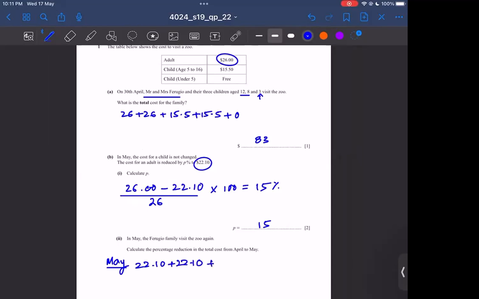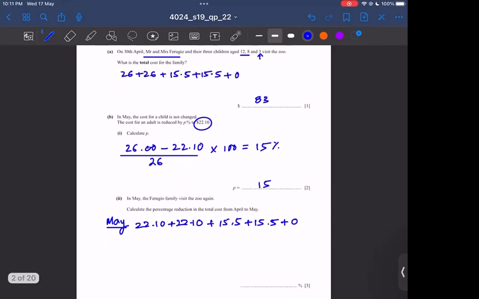Child age is not changed, 15.5. There are 2 children aged between 5 to 16, 15.5, and another child is going to be 0. So the total cost is going to be 22.10 plus 22.10 plus 15.5 plus 15.5. It is going to be 75.2. So the total cost in May is 75.2.